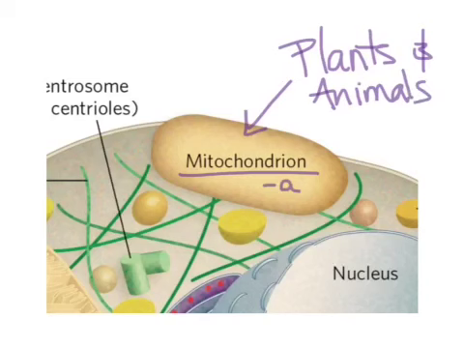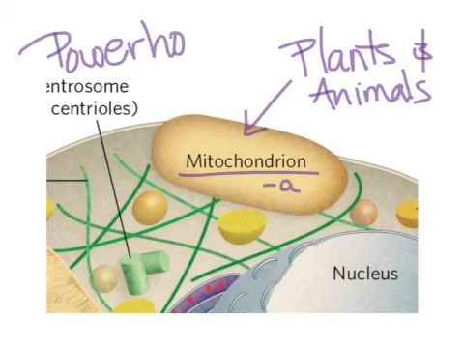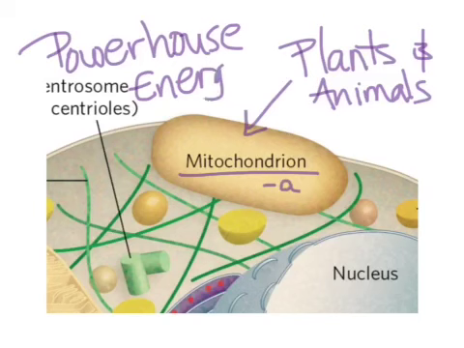And the mitochondrion, we call it the powerhouse. It provides the energy for the cell. Without mitochondria, the cell will die because it needs that energy. So it's the mitochondria that get the energy, break it down, and make it available to the cell for the cell to do all the activities it needs to do.